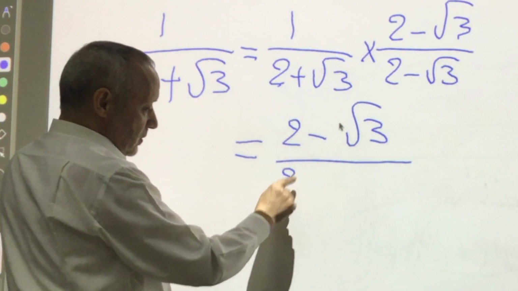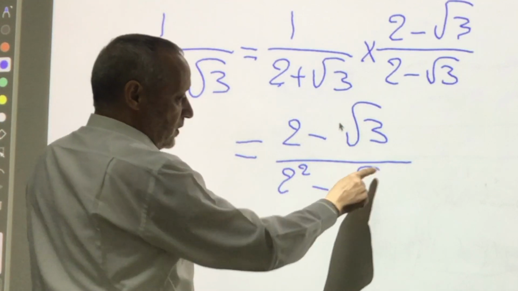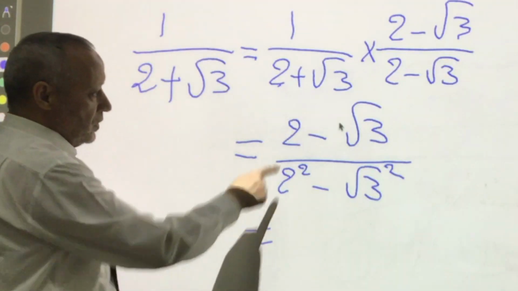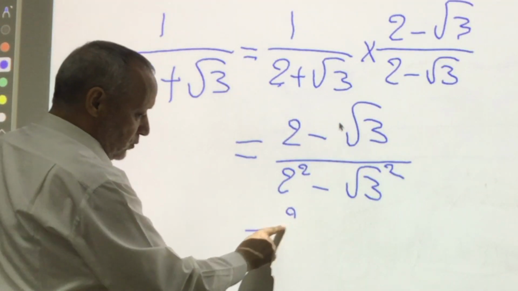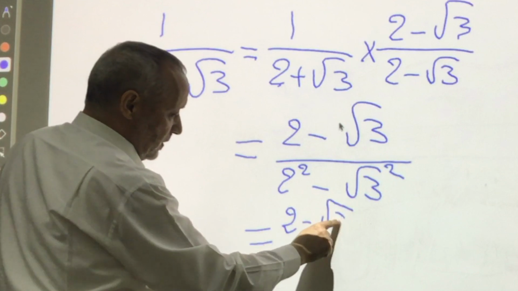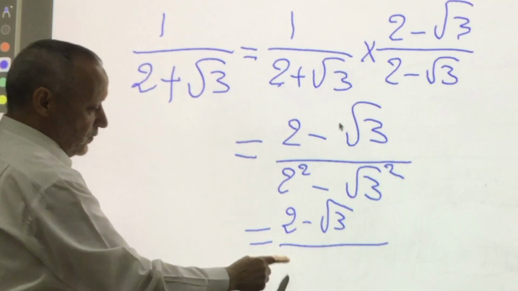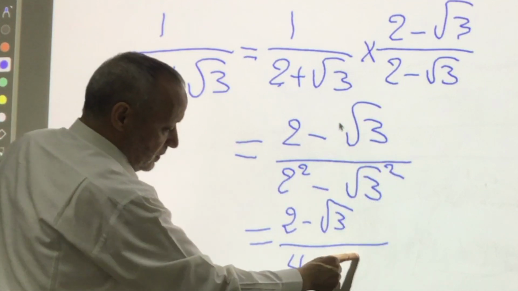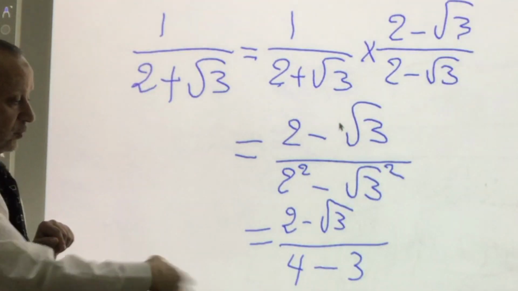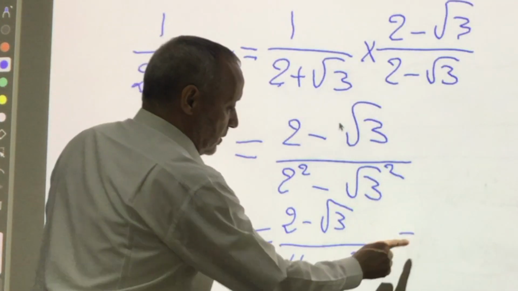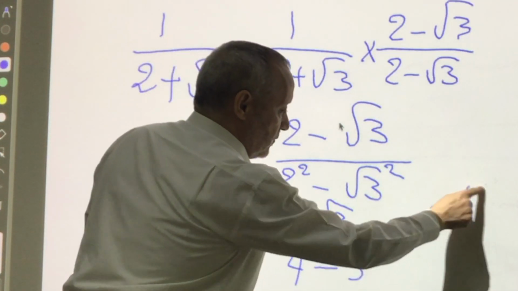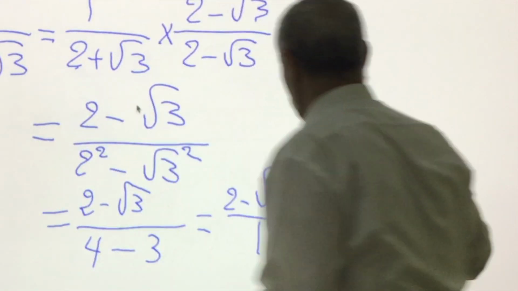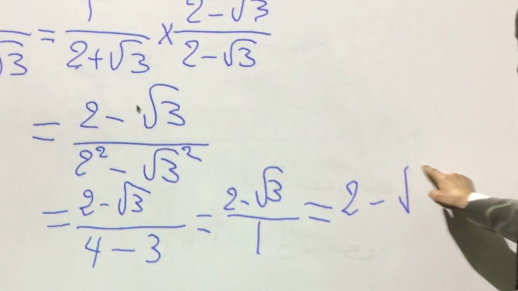So 2 squared minus square root of 3 squared. And then 2 minus square root of 3, we have got nothing to do there. You cannot simplify it. This one is 4 minus what? Square root of 3 squared? 3. 4 minus 3 is what? 1. So you get 2 minus square root of 3 over 1, which is exactly 2 minus square root of 3.